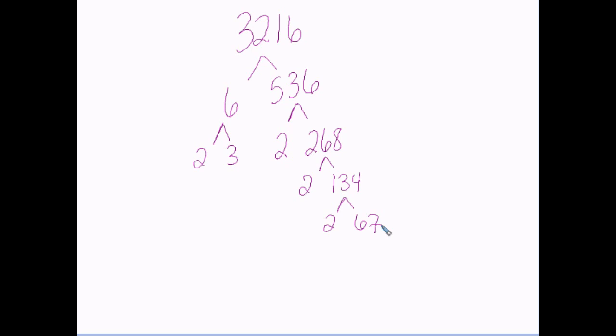We'll still end up with the same answer, and that's why there's not a single right way to do this. There's a single correct answer, but no matter how we started, if we broke it up, we still get 1, 3, four 2s, and a 67. And that's the beauty of this. You can't start it wrong. Well, you can, but that's only if you divide wrong. Like if I said, oh, this is divisible by 5 or something.